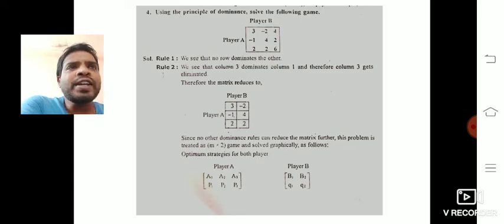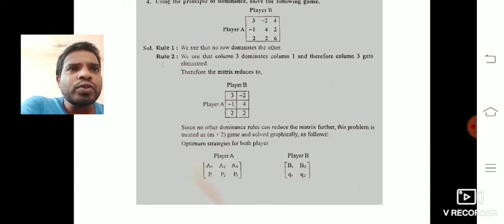But the intention is to reduce the m into n matrix to a 2 into 2 matrix. In the first step we applied rule 2: the dominated column, the third column, is dominated by column 1, so the dominated column is deleted. Only 2 columns are left, and 3 rows are there.